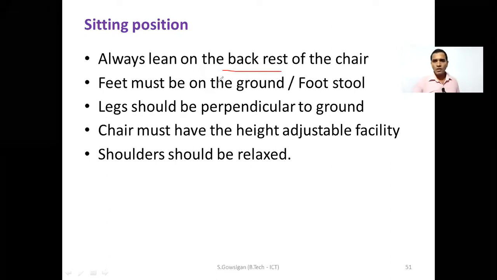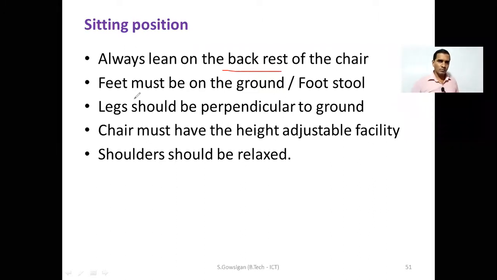Then when you are sitting on a chair, make sure your feet are on the floor. Your feet should touch the ground. Your feet cannot hang in the air. Imagine you are sitting on a chair and your feet are not on the ground.